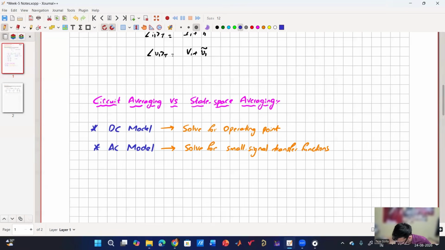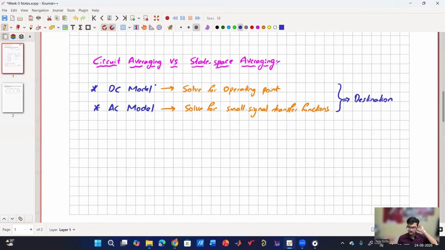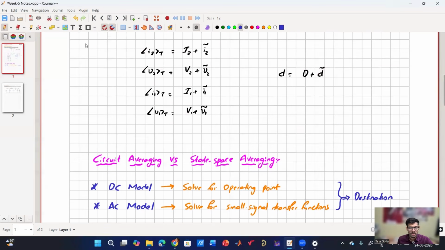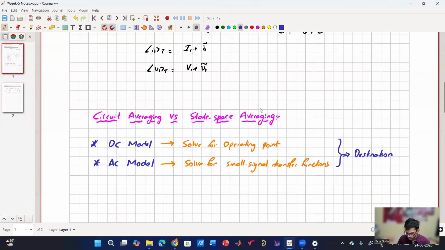This is like the destination, whatever we are wanting to achieve. Now, what does circuit averaging do? What does state space averaging do? In both these methods, we are considering small signal excitation for each of the variables, right? Whatever voltage, current, duty ratio, we are considering one average value plus one excitation.